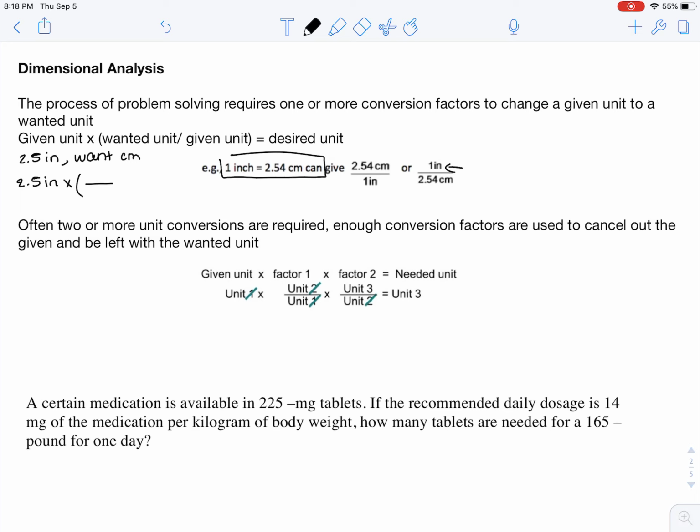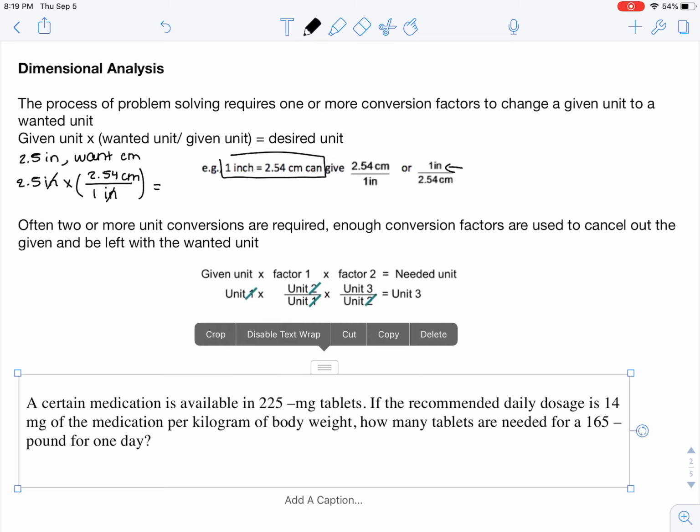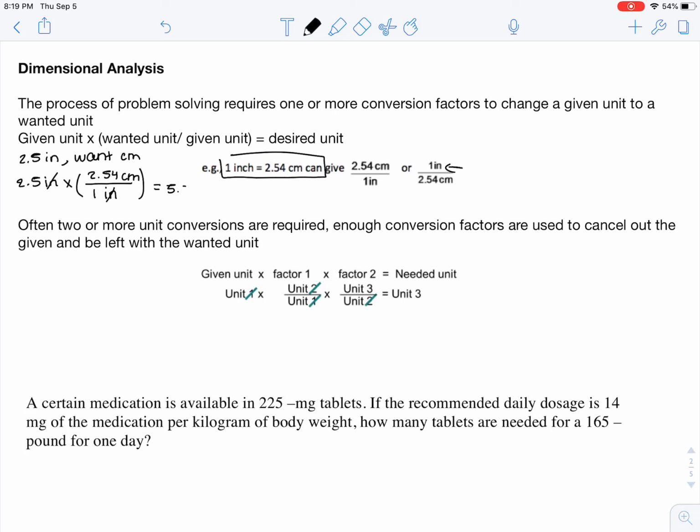Since I want to get rid of inches, it's going to go on the bottom and the centimeters will go on the top. So then you'll see inches and inches go away and you'll be left with centimeters. So you multiply together 2.5 times 2.54, and you get 5.04. You want two significant figures, so you will write 5.0 centimeters.